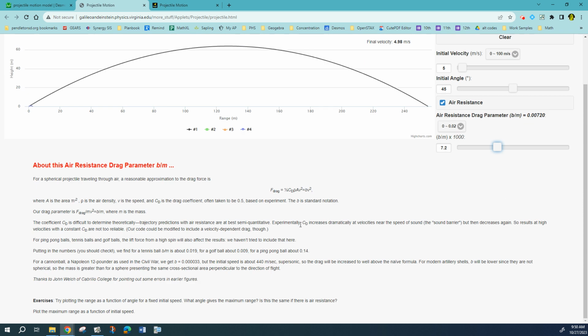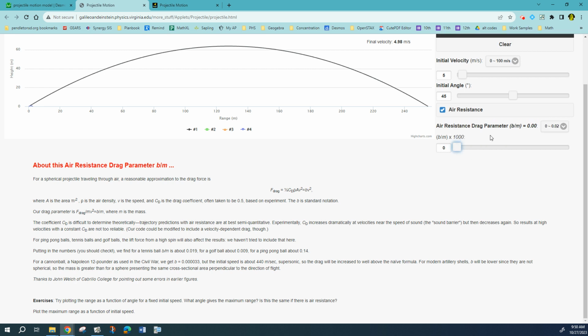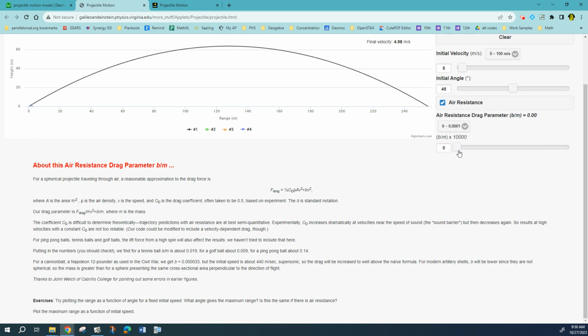Oh, here's some stuff. Okay, they have a golf ball. Let's do a tennis ball. Okay, tennis ball is about 0.019. So about that. That's similar to a tennis ball.